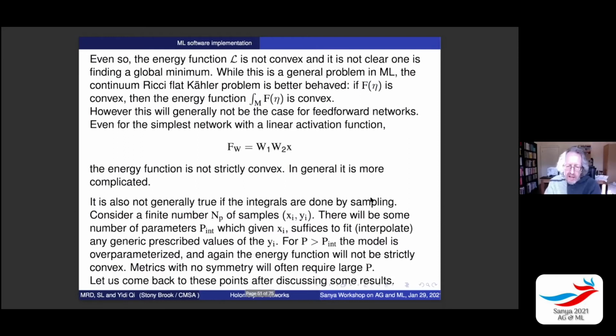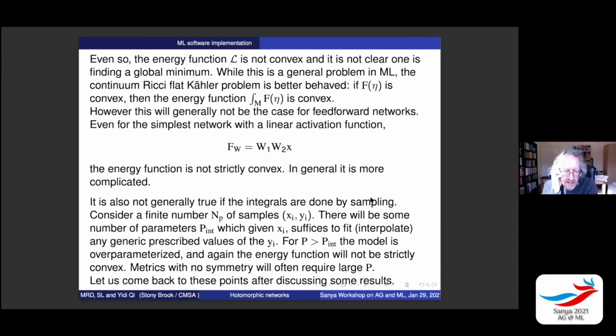But in practice, you can often find, for a variety of reasons that have been described in the machine learning literature, that they're close enough to being convex. And the more parameters you have, the better the optimization problem is. So this does not turn out to be a big problem in practice. Obviously it sometimes is, but this is one of the better understood points in the practice of machine learning.